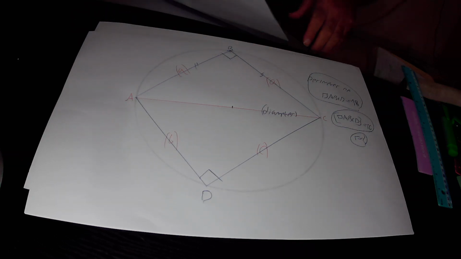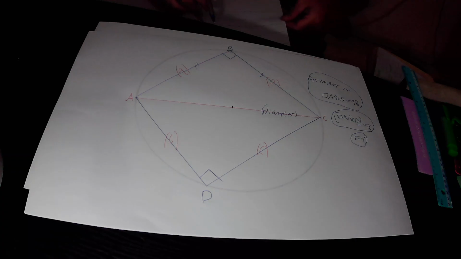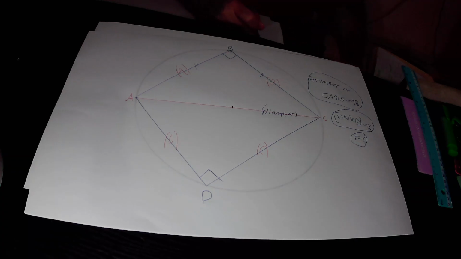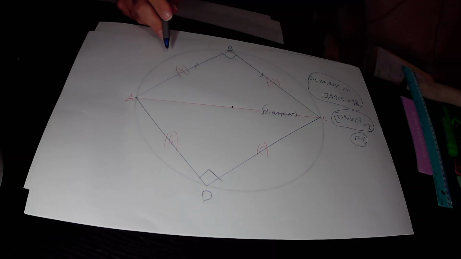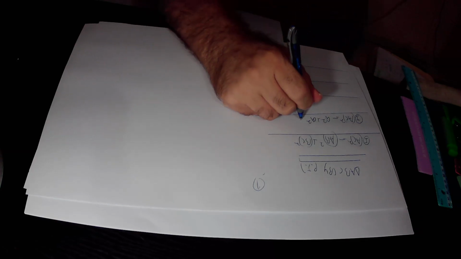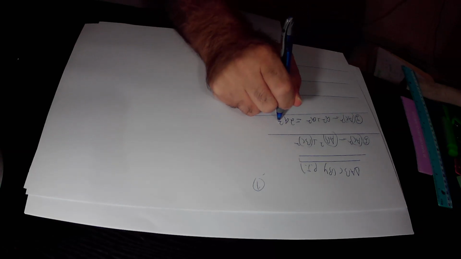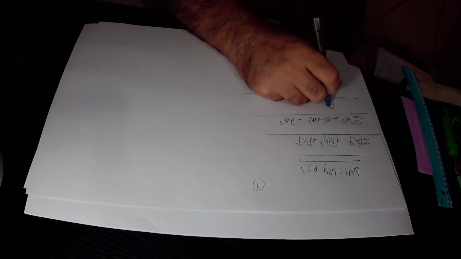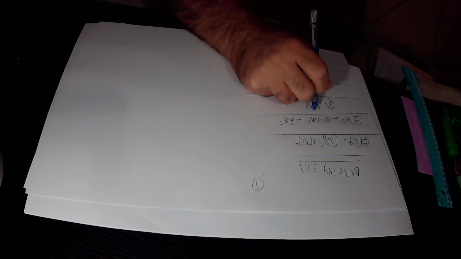AC is the missing side, so it is AC squared equals AB squared. AB is A, therefore AB squared is A squared, plus BC squared. BC is also A, so BC squared is A squared. So in total, we find that AC squared equals A squared plus A squared, that is 2A squared. So according to equation 1, AC squared equals 2A squared.